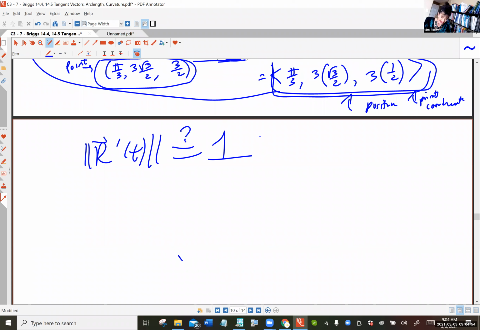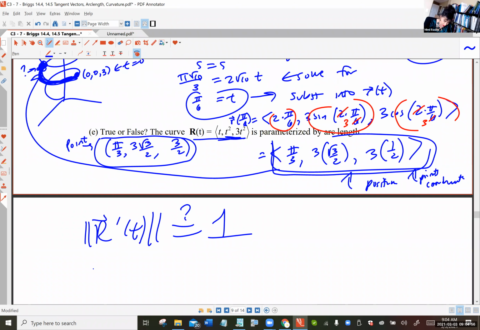If no, then it's not. So let's get R prime first because they gave us the big R. The derivative of t is 1, derivative of t squared is 2t, derivative of 3t squared is 6t.